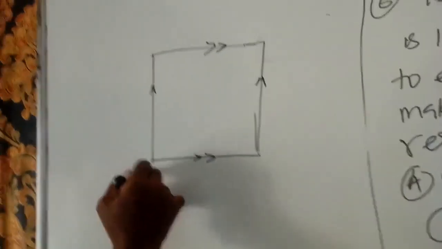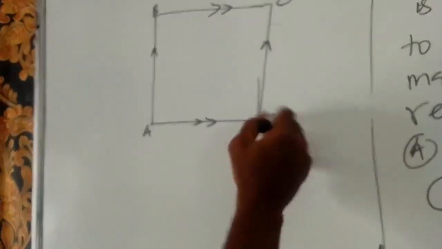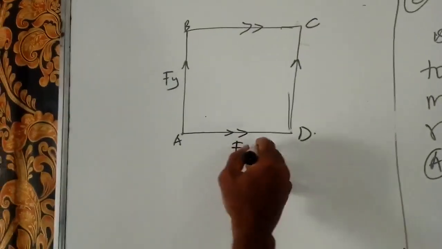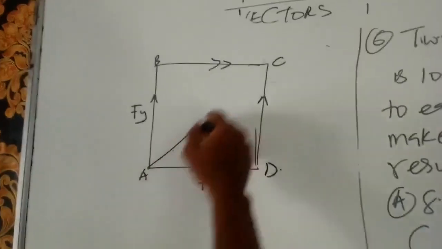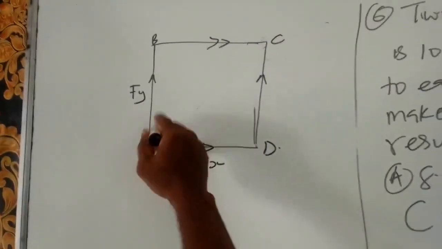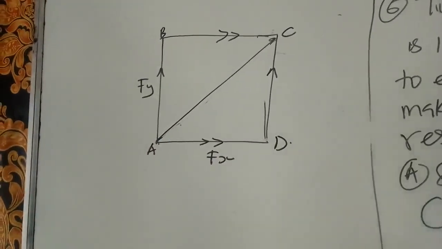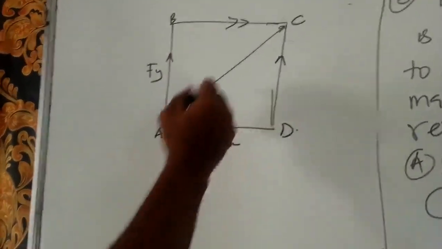Let's label the rectangle as rectangle A, B, C, and D. The resultant, let's call here Fy, call here Fs. Resultant is the diagonal drawn from the point of intersection of the two vectors. That resultant is this line. So that is our Fr.